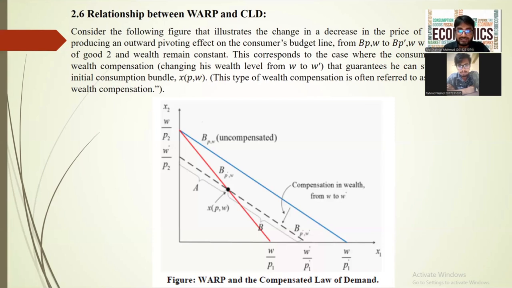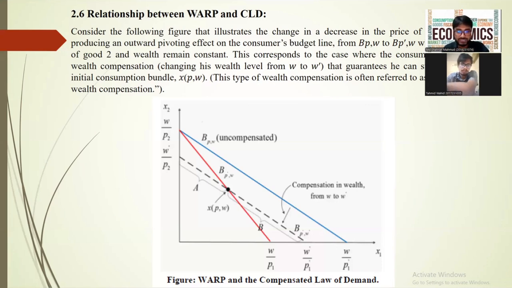Despite the price change, the consumer receives a wealth compensation that ensures they can still afford their initial consumption bundle x(p,w). So our task is to determine whether the new bundle x(p',w') lies on segment A or segment B, given that the Walrasian demand satisfies WARP. This will help us understand the implications of consumer choice and demand functions.